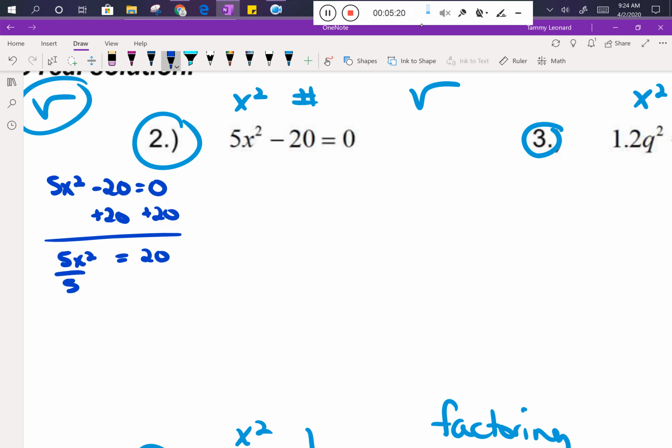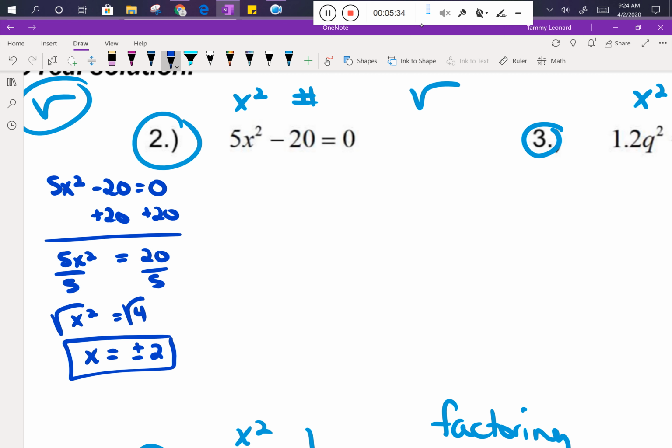I'm going to divide by 5. So x squared equals 4. And now I can use the solving by square roots. I'm going to take the square root of each side, and x equals plus or minus 2 because 4 is a perfect square.